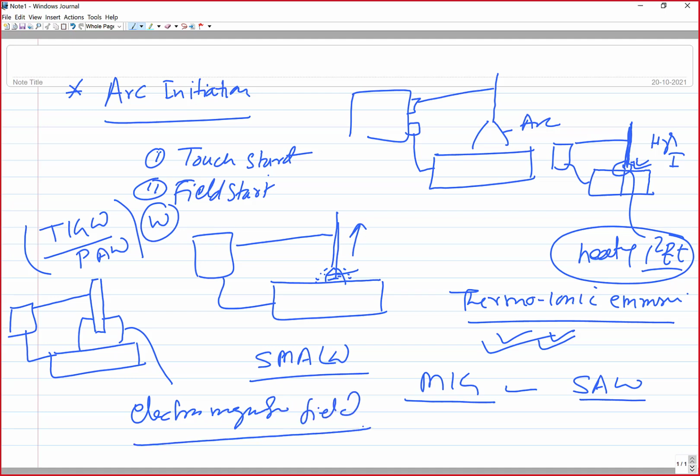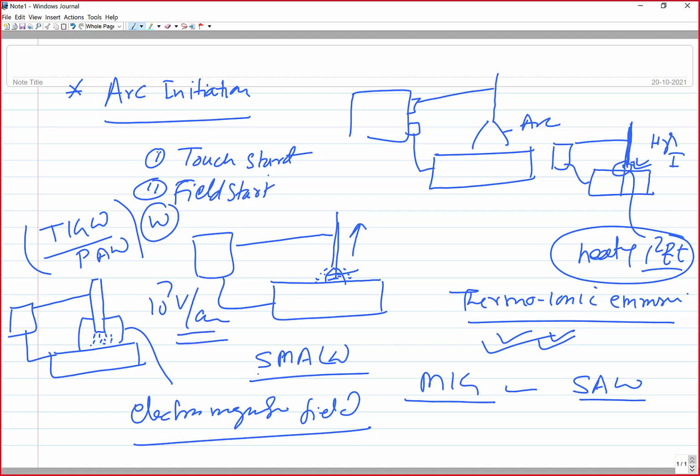Because of this electromagnetic field, electrons are pulled out from the surface of the electrode. So in this method, a high strength electromagnetic field is established by applying a high potential difference of about 10 to the power 7 volt per centimeter.